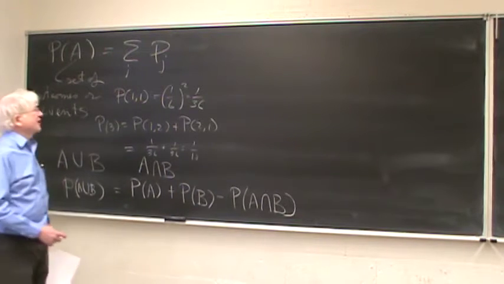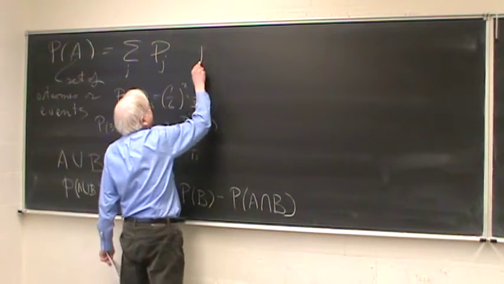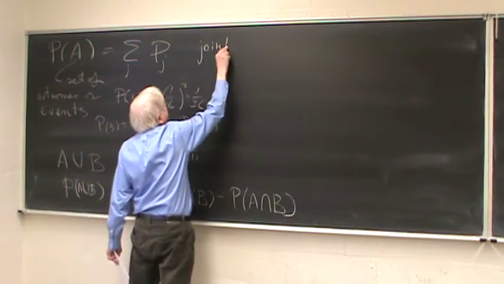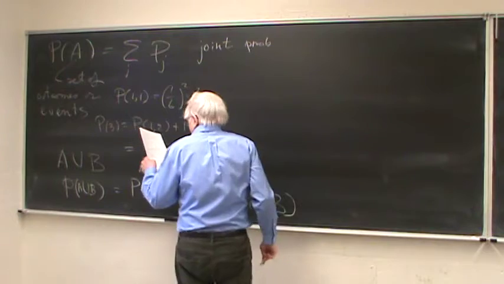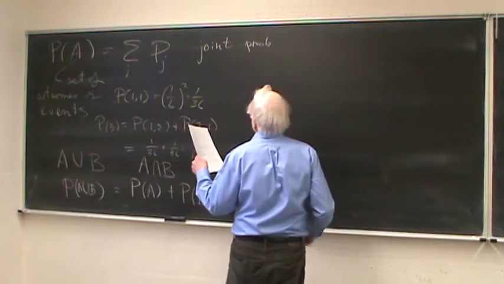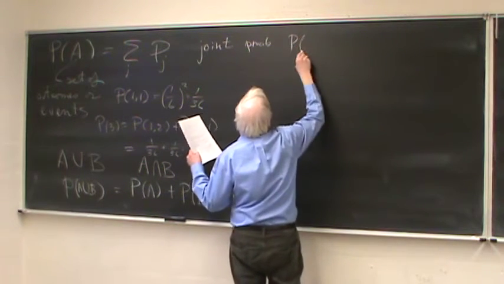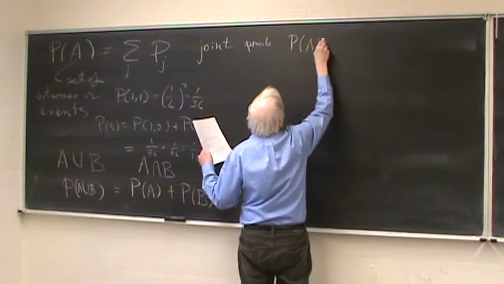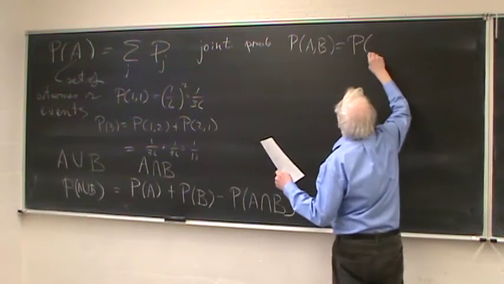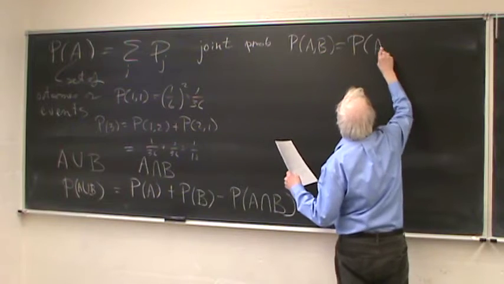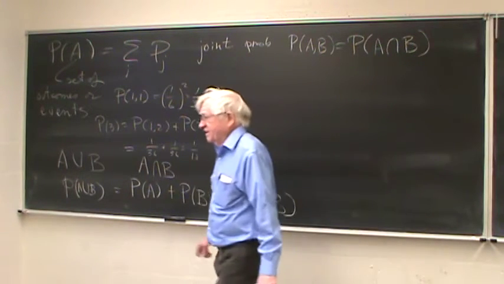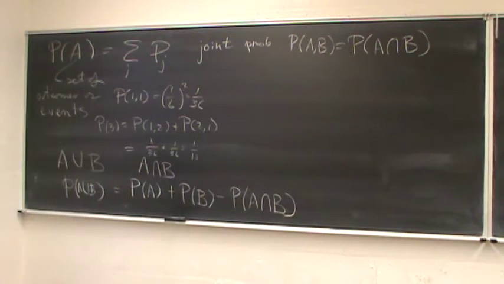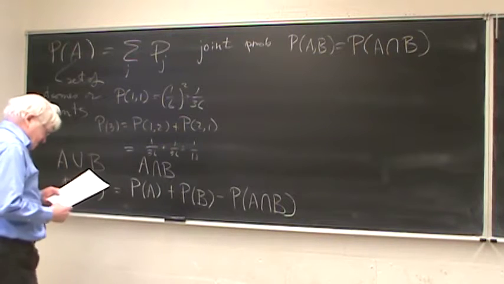So the joint probability is P of A comma B, and I think a better way of writing that is P of A and B. That means the probability of an outcome occurring that's both in the set A and in the set B is that.